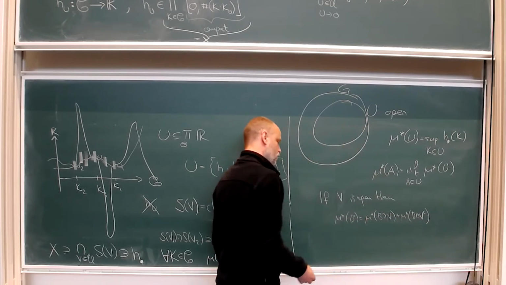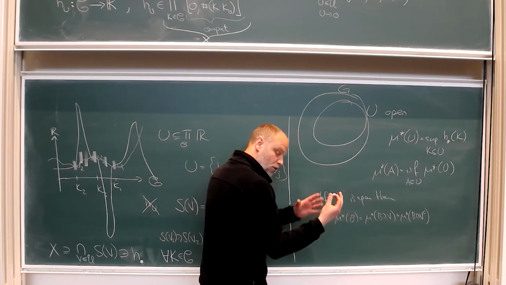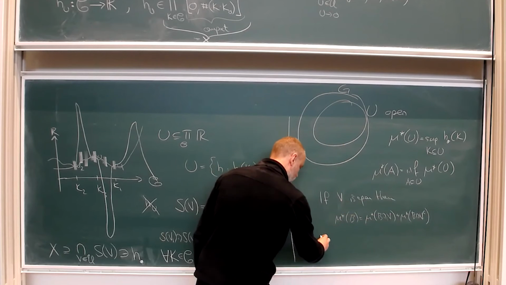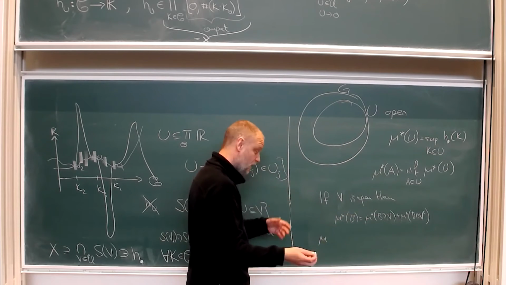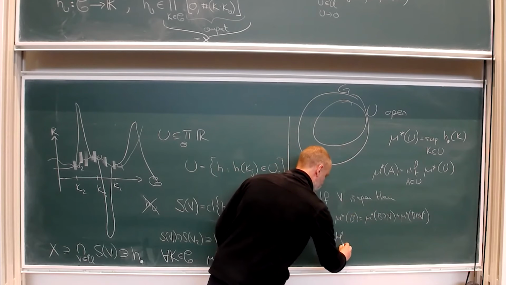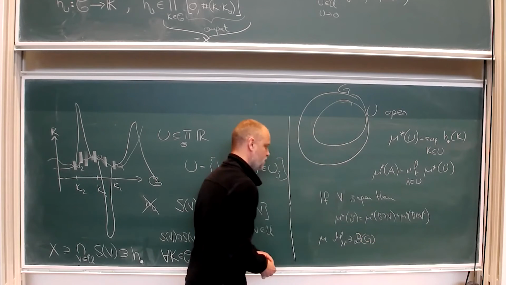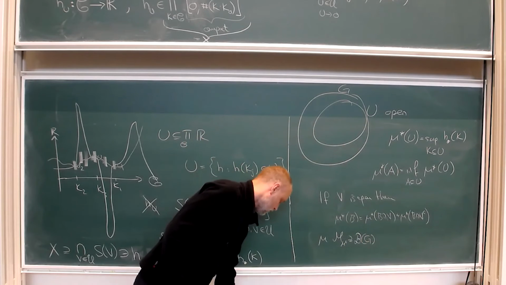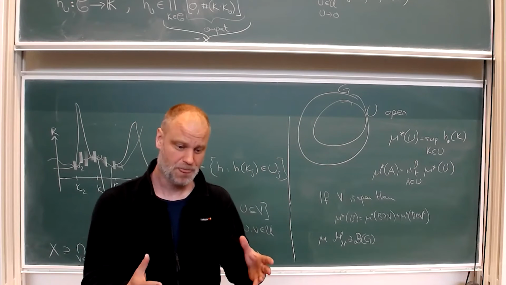And once we have that, we know that the open sets are measurable, meaning that the outer measure mu star gives rise to a measure mu on some sigma algebra, and if the open sets are measurable, then the Borel sigma algebra is a subset of that. So we have now a measure mu, which is Borel measurable.